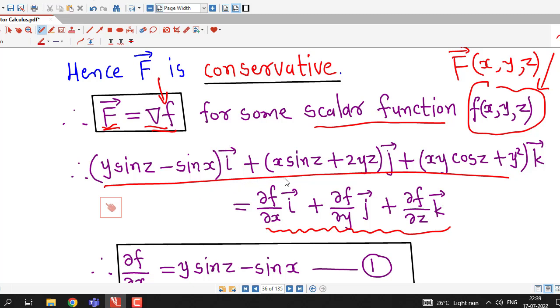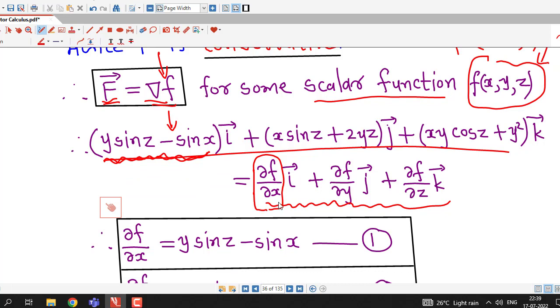And now we have two equal vectors, and we know that two vectors are equal if their corresponding components are equal. So here coefficient of i is del f by del x, which must be equal to this coefficient of i, which is y sin z minus sin x. So we obtain this equation, del f by del x equal to y sin z minus sin x.